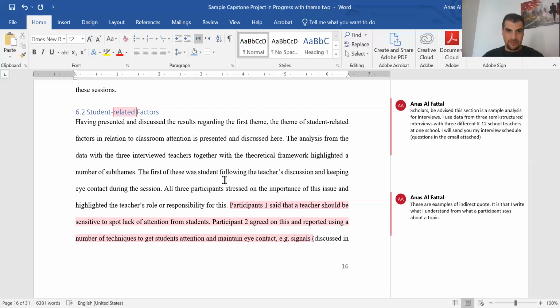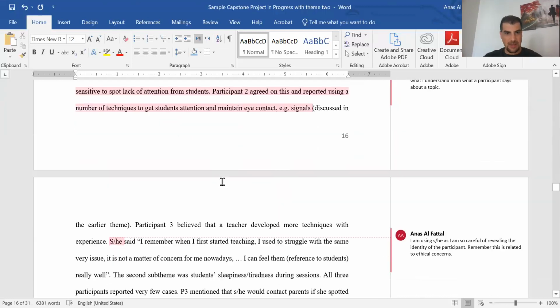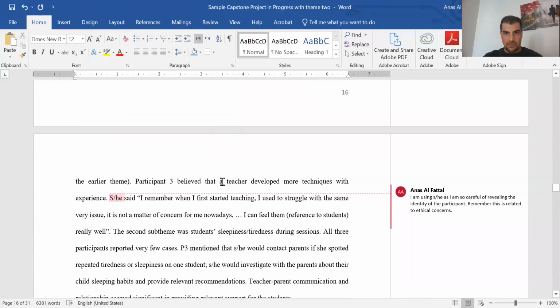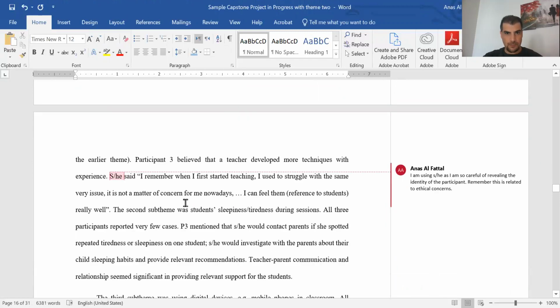And they highlighted the role of teacher responsibility in this. Participant one said this, participant two said that, participant three said that. Maybe I can also highlight something related to the teacher's role, which I'm also talking about down in my draft ideas. The second sub-theme was student sleepiness, tardiness, and tiredness during the session. So students' tiredness.